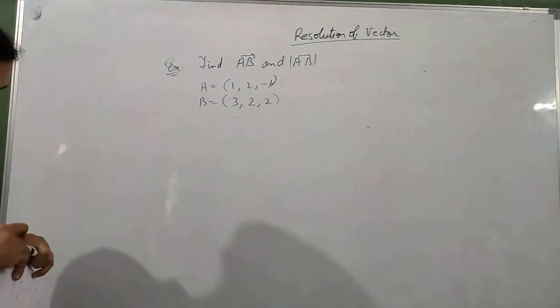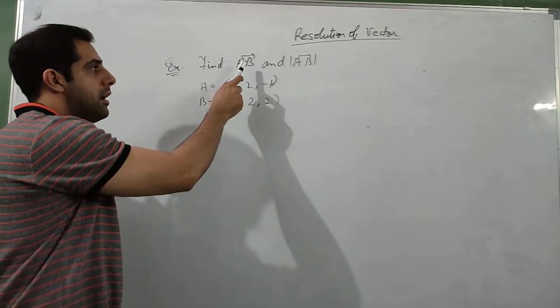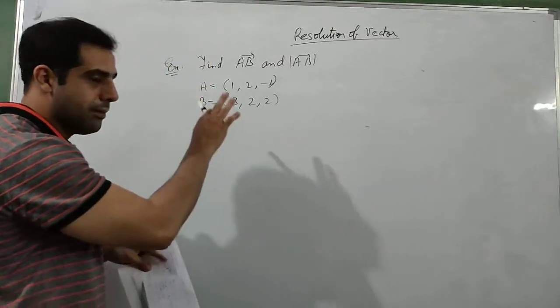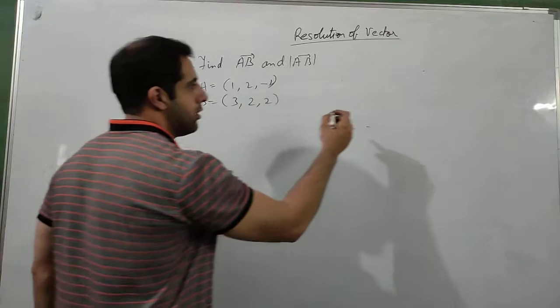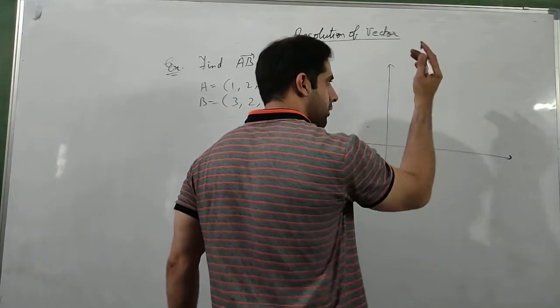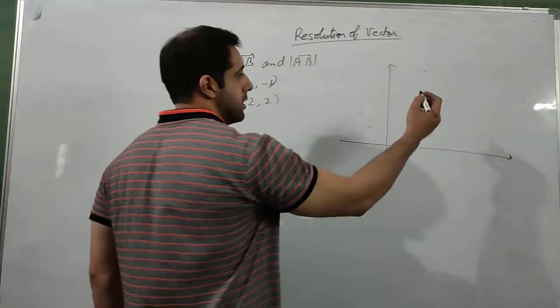So we are given the position coordinates of A and B, and we have to find the vector AB and its magnitude. We are going to apply the same things that we did in this video and the previous video. First we have to find the position vectors, so let us make a diagram. Always do the question with the help of diagrams.